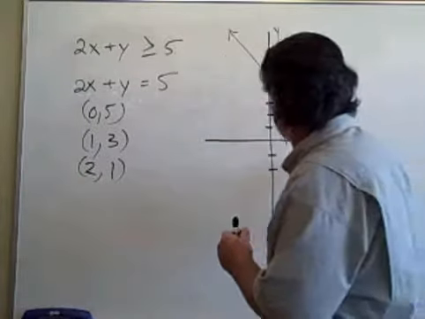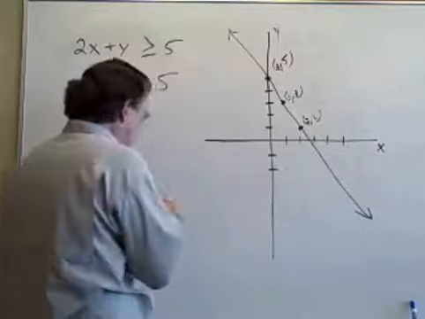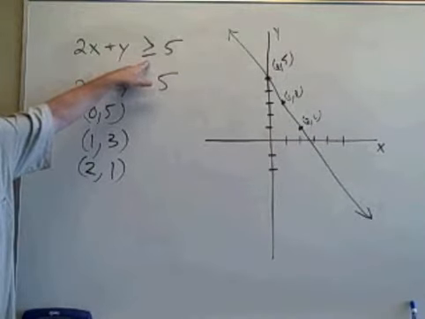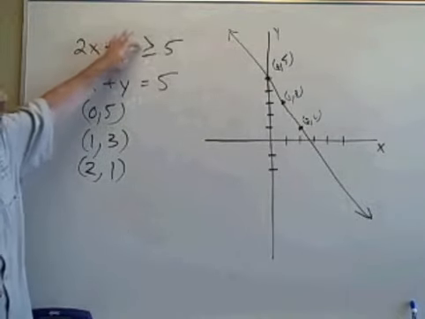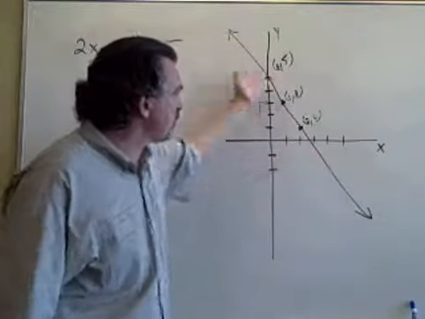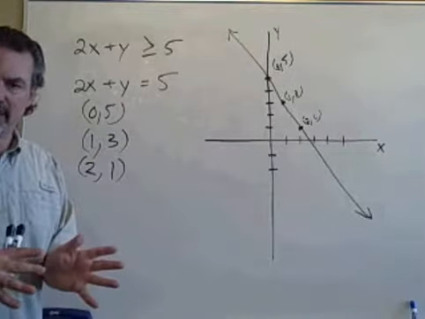And we draw the line in a solid fashion because we want the points that make it equal to 5, don't we? We want the points x, y that make this quantity greater than or equal to 5. So since I want the points that make it equal to 5, I draw the line in a solid fashion.